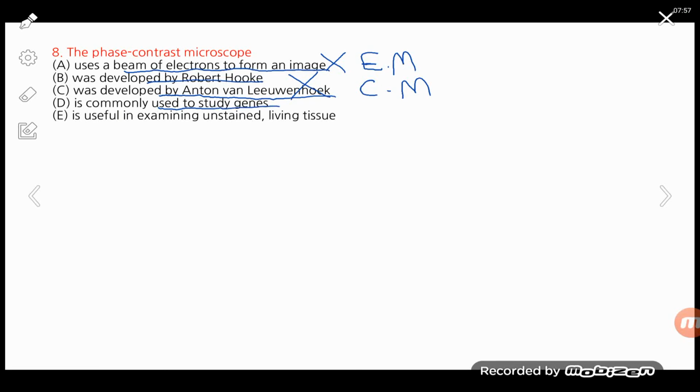For studying genes, we cannot use microscopes. In order to study genes or the sequence of the genes, we use DNA sequencing. By the sequencing method, we can identify the nucleotides.